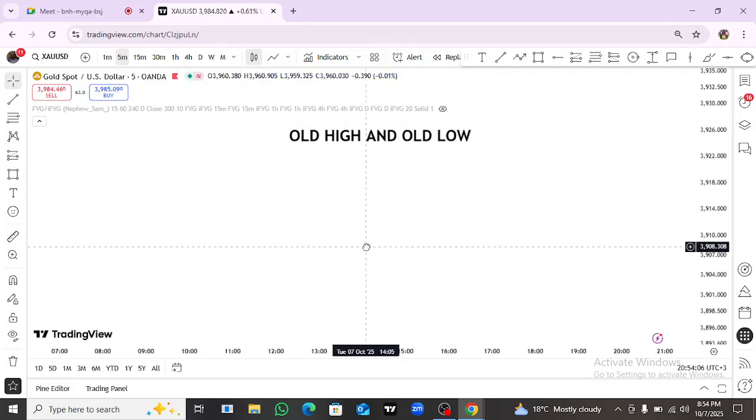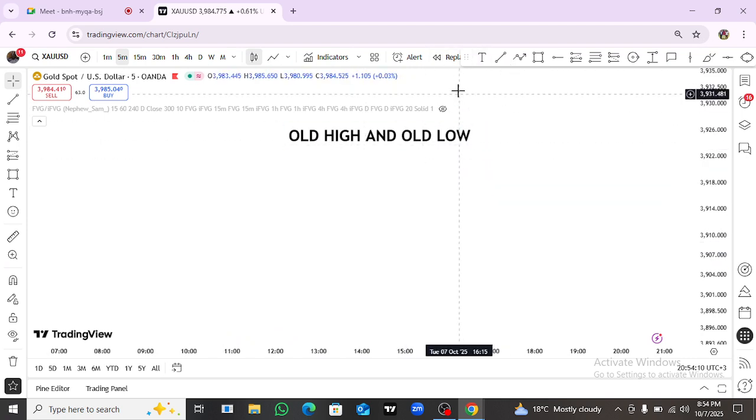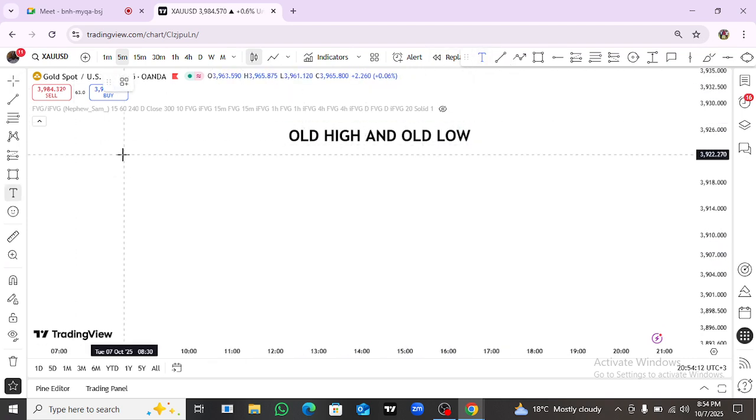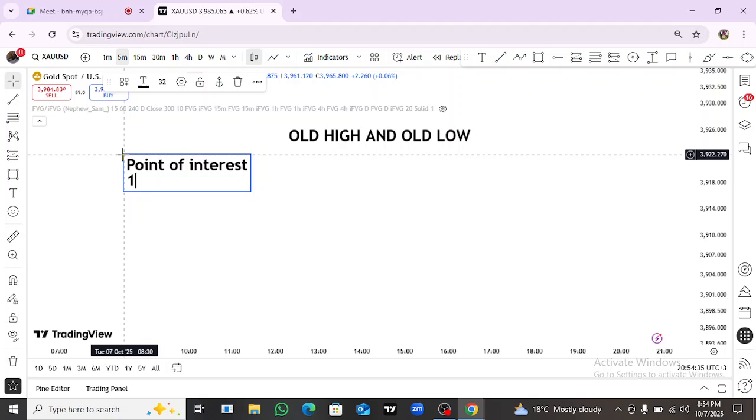Let's get into it. So all high and all low. Well, this is a topic that comes under the concept of the point of interest. So when we're looking at point of interest, the POIs, we say that we have 5 of them.